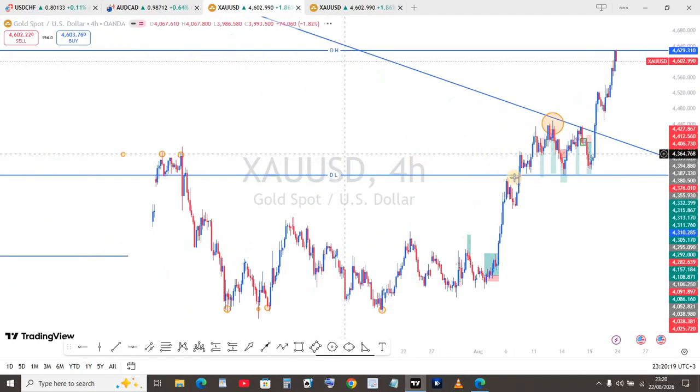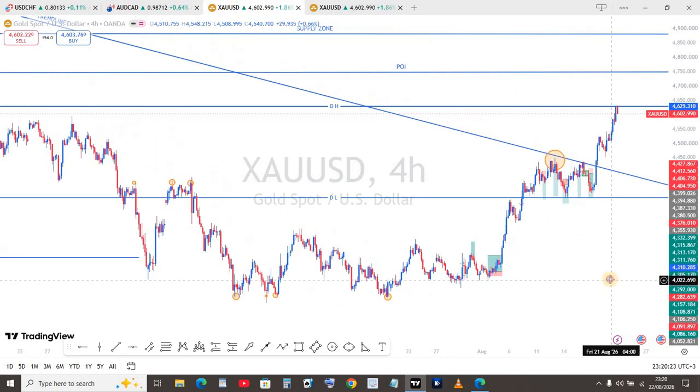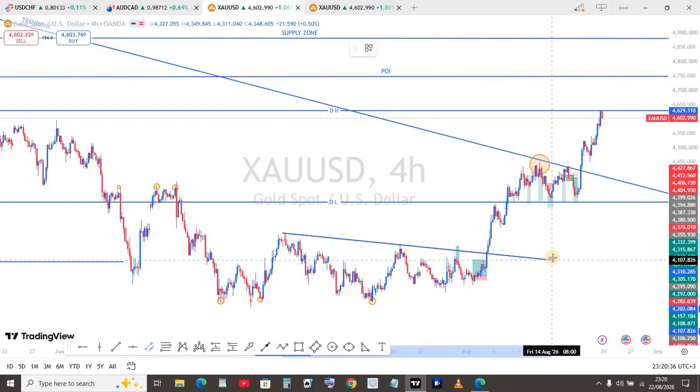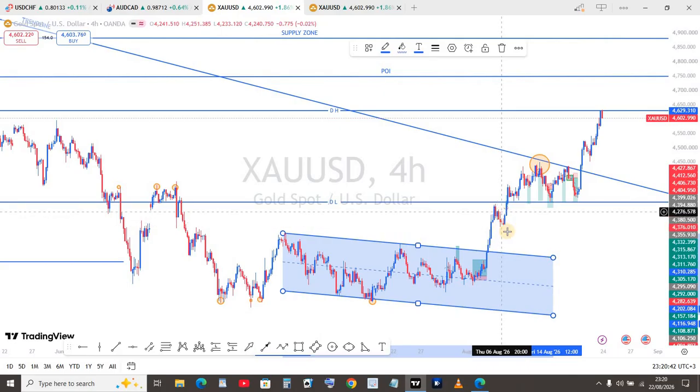Okay, so you can see that after the market gave us support here, we had this level. This level was being broken to the upside, and it gave us a small pullback, which was a break of structure here.